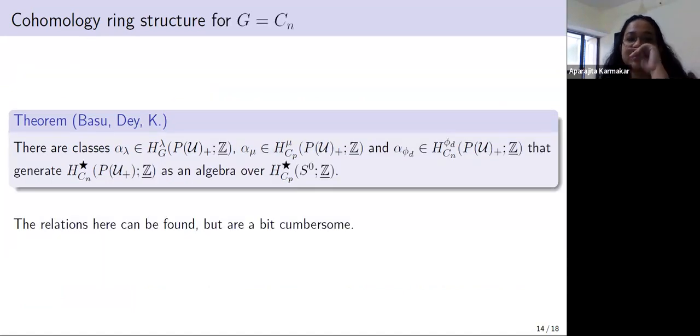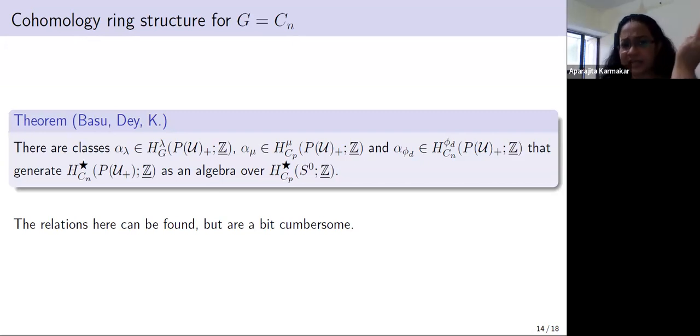The cohomology ring structure. So we already have the classes alpha lambda and alpha mu for G equals Cp. But when G is Cn, sorry, there is a typo here. So alpha mu belongs to H mu Cn of PU plus Z. And also we can find another class alpha phi d belonging to H phi d Cn of PU plus Z bar.